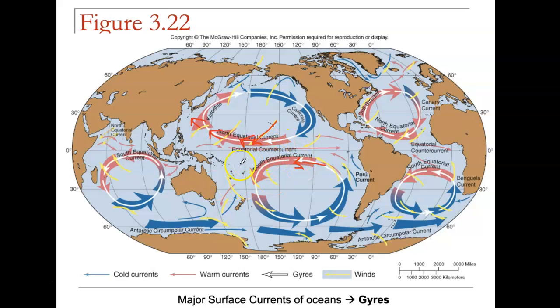From those trade winds in the southern hemisphere. And so this is going to create these big oceanic gyres. And what that's going to do is create these patches of warmer water and cooler water in different areas.